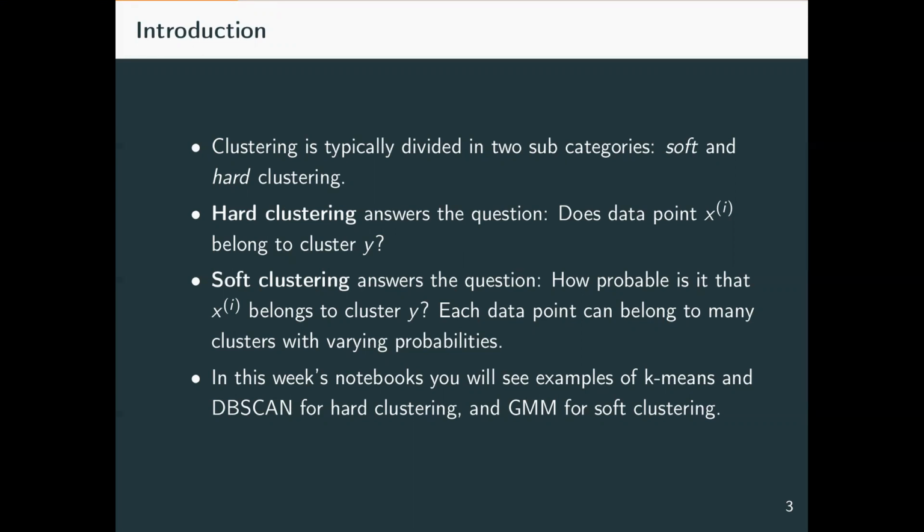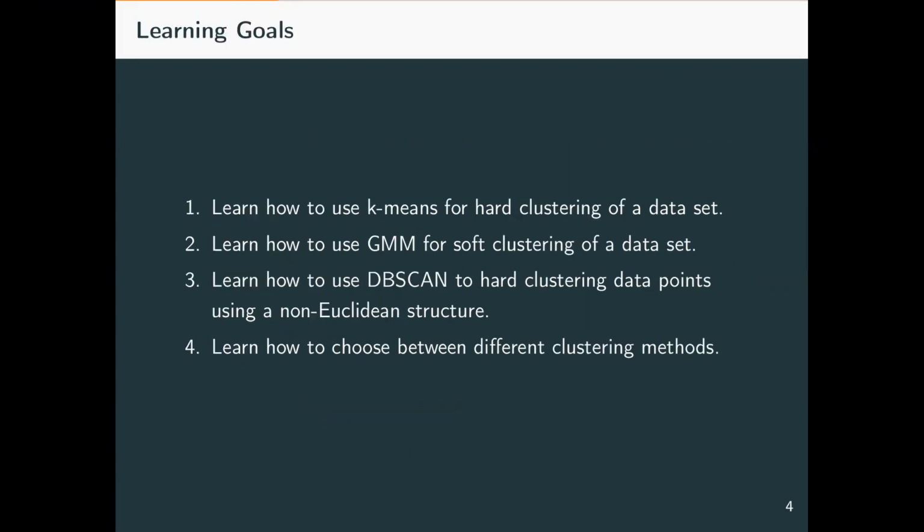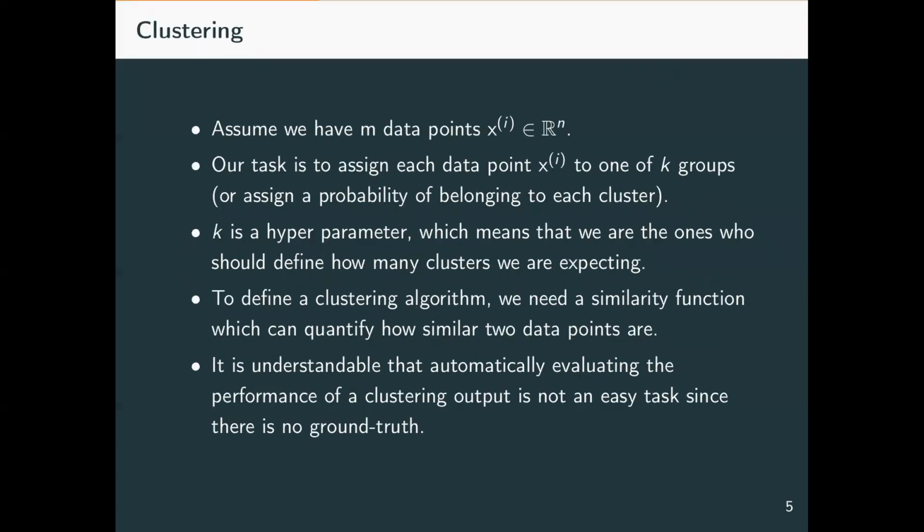And then we will also see GMM, Gaussian mixture models, for soft clustering. So the learning goals are to learn how to use K-means, GMM and DBSCAN, and how to choose between different clustering methods and different numbers of clusters, because typically you also have to decide on how many clusters you are expecting.